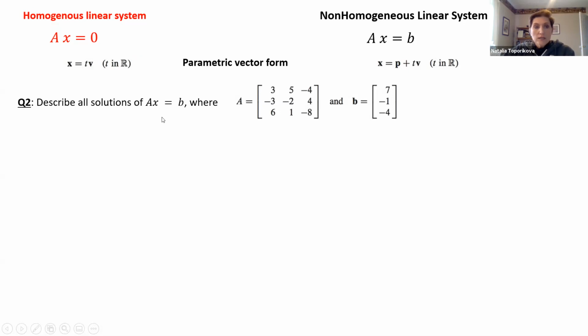Okay, so let's look at the non-homogeneous system Ax is equal to b, where matrix A is exactly the same as we looked at in part 1, and vector b is non-zero now. It actually has 3 numbers in it. So let's try to find all solutions, and our strategy will be very similar to what we tried in the first chapter. We will write down the augmented matrix and reduce it to echelon form.